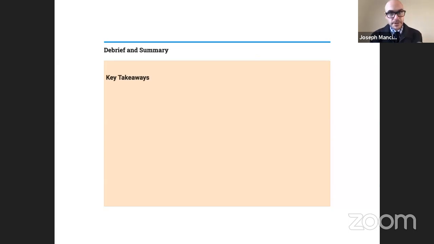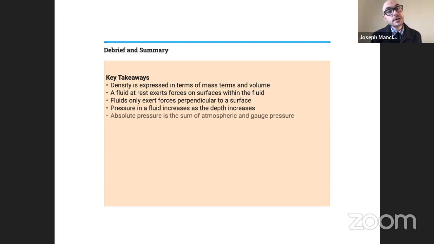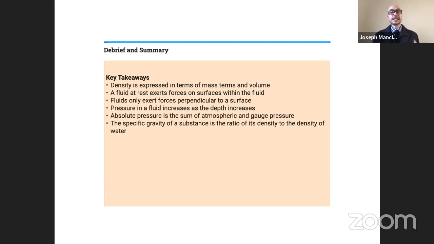All right, so here's what we were hoping that you learned. Density is expressed in terms of mass and volume, that a fluid at rest exerts forces perpendicular to surfaces within that fluid, that fluids apply normal forces, that pressure increases as depth increases, that absolute pressure is the total of gauge pressure and any extra pressure on top of whatever fluid you're in, and that the specific gravity of a substance is the ratio of its density to the density of water.